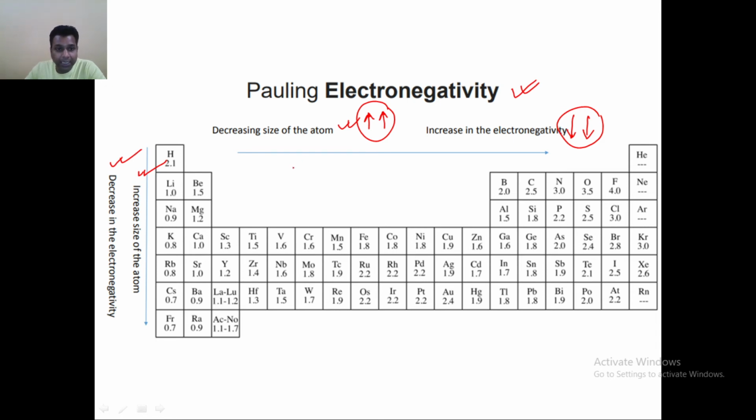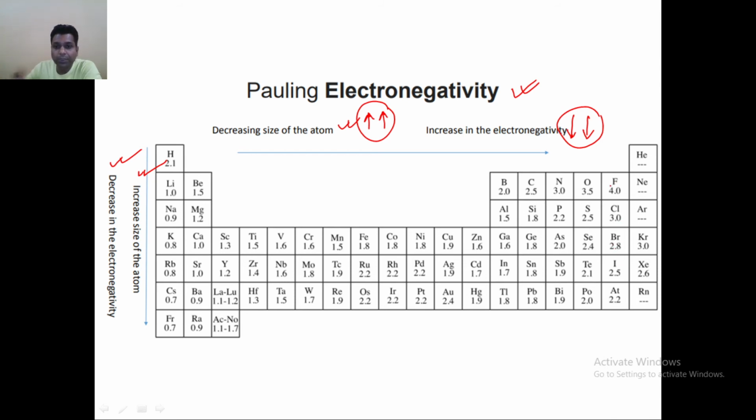If someone asks you in the examination, because sometimes questions are asked with fluorine, chlorine, bromine, iodine, to arrange these in terms of electronegativity, fluorine will have the highest electronegativity, after that chlorine, lesser will be bromine, and the least will be iodine.